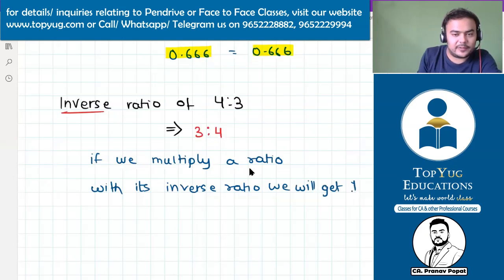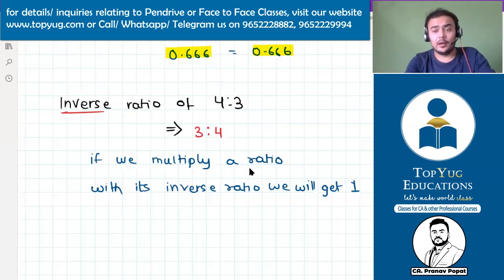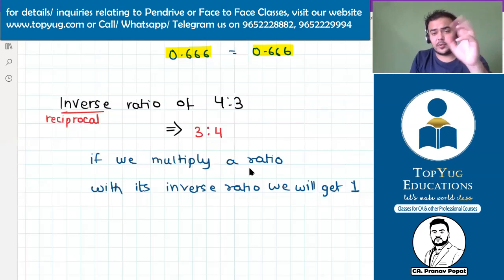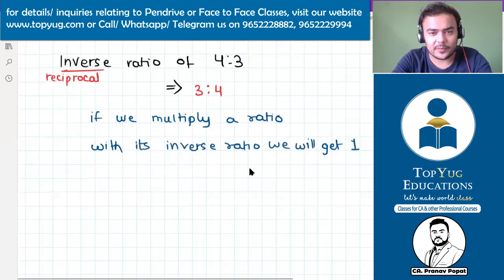Sir, we'll get 1. Simply 3 by 4 is multiplied by 4 by 3, then we'll get 1. They're also called reciprocal of each other. Inverse word is also there and reciprocal word. So this reciprocal word is not used in ratio chapter, but yeah, you should know this. It is reciprocal of each other. Now, this was about inverse.